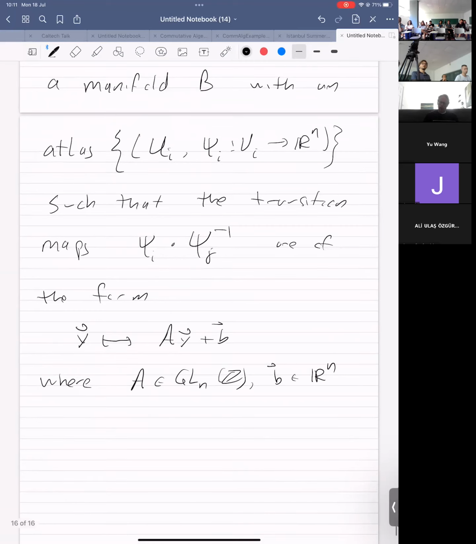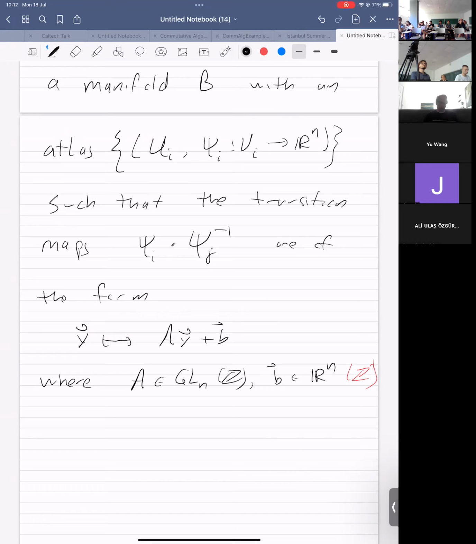Or sometimes I might want to consider Q. Okay, so this is a fairly combinatorially rigid kind of gadget. We're gluing together charts using affine linear transformations.